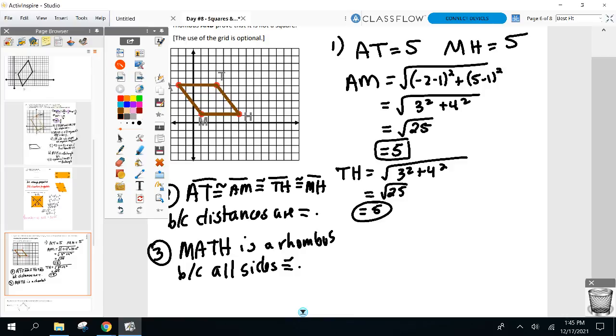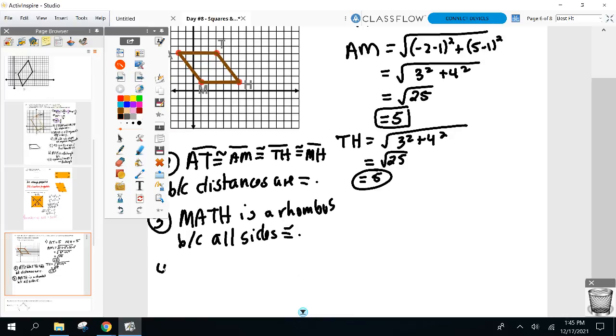So what formula am I going to need to show that there's no right angle? Slope. Here we go. Step 4. Slope of, you said angle M, right, Claire? Okay, so I'm going to have to find the slope of MH and compare it to the slope of MA. MH, we got to review this. Horizontal line, slope.